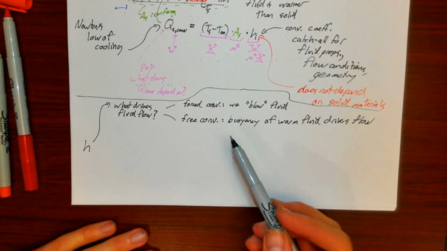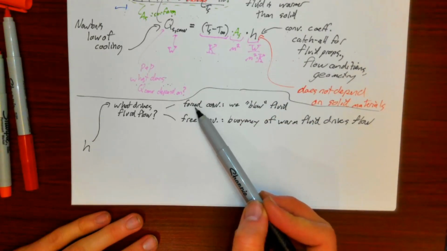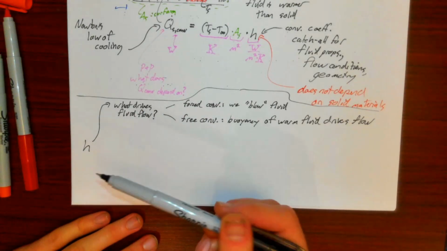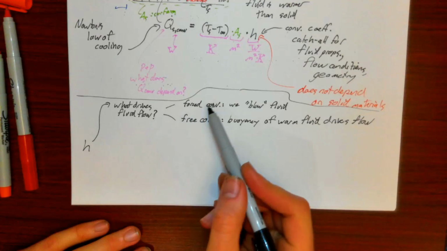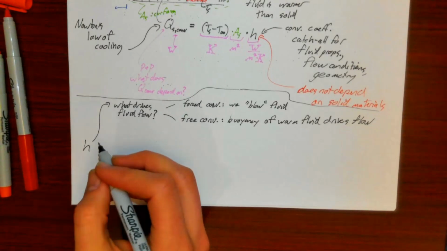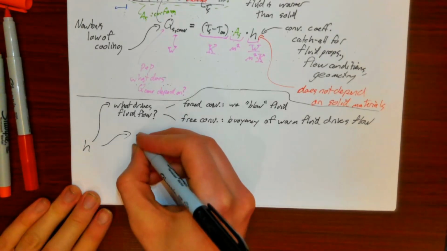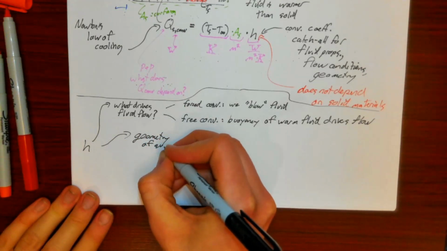You can imagine forced convection usually is more effective at cooling things quickly than free convection. So we might get very different H's depending on whether we have forced or free convection. Another factor that affects H is the geometry of the surface.